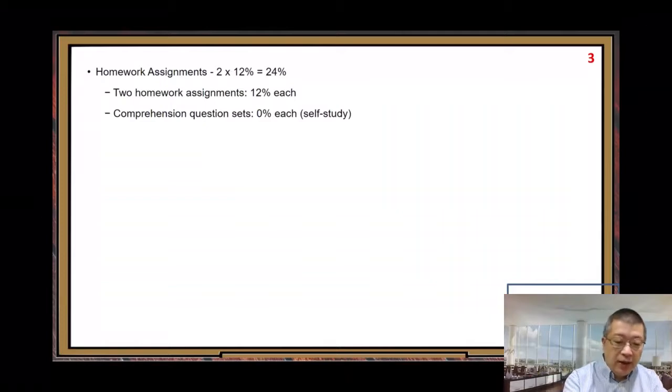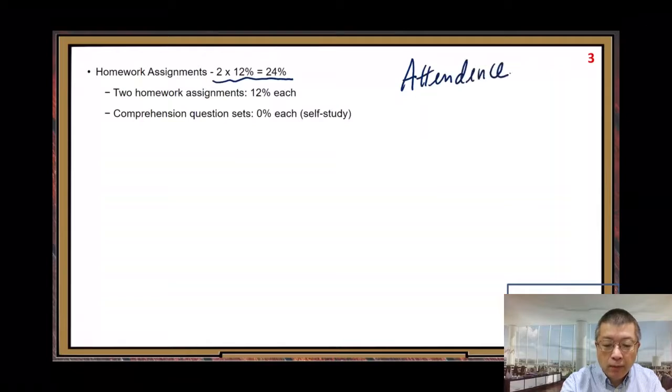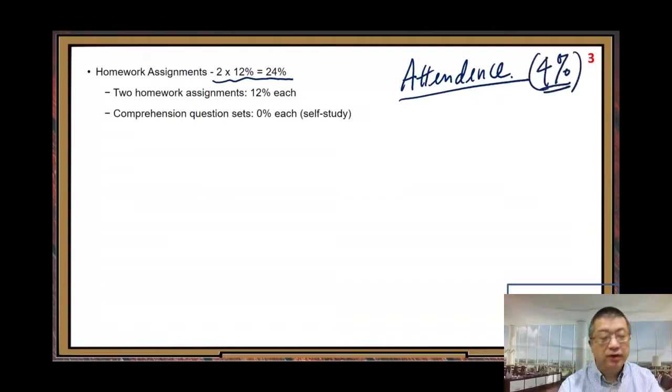You can see the percentage here. Remember, in the syllabus I didn't count the attendance, right? We have 4% for attendance.